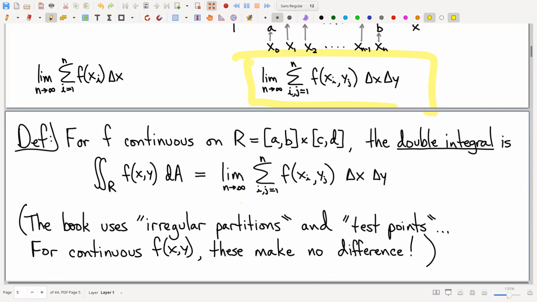This is the whole sum-of-the-parts formula for any sort of accumulating quantity that accumulates over an area. And things that are that useful deserve a name and a notation. So this thing here, we're going to call it a double integral. We're going to use this notation. I claim it's fine and makes sense as is for any continuous function.